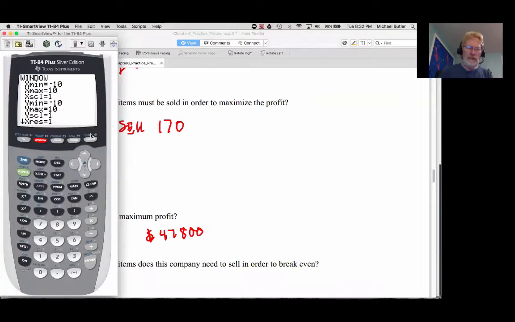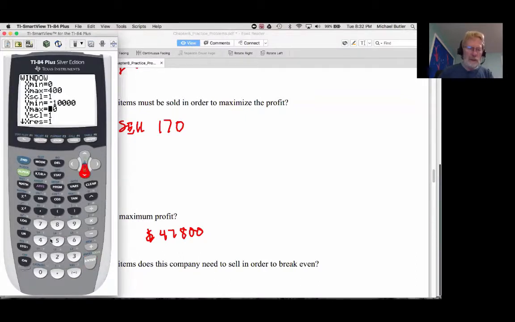So my x-min, I can make that 0. My x-max, let's make that 400. I may change that after I take a look at it. My y-min, that's negative 10,000. My y-max, oh shoot, what did I do wrong? Oh, my bad. Even I make that mistake occasionally.